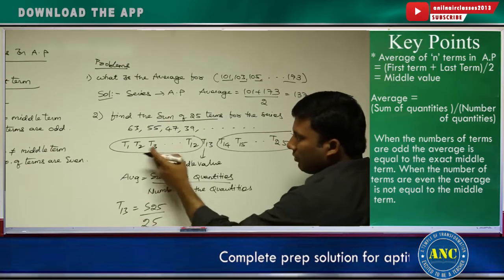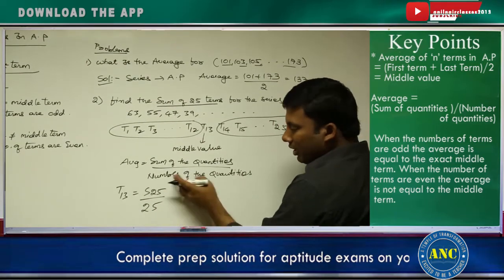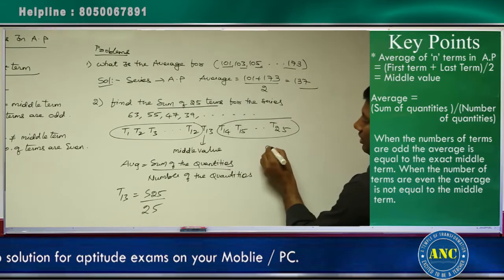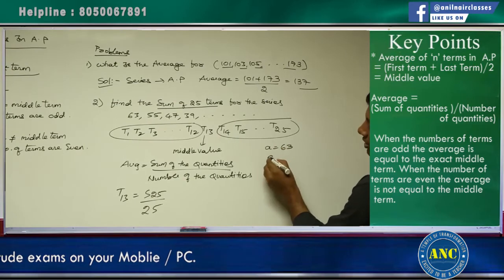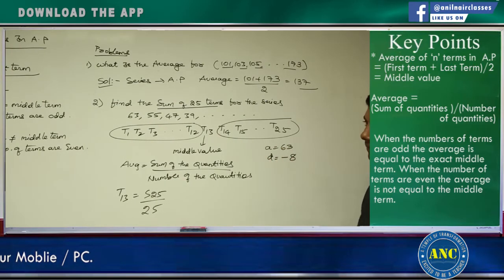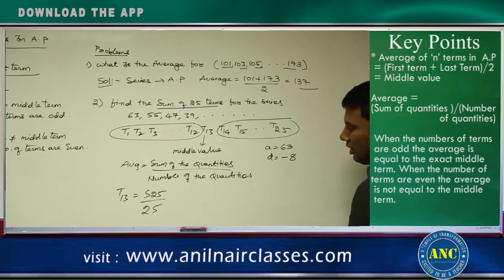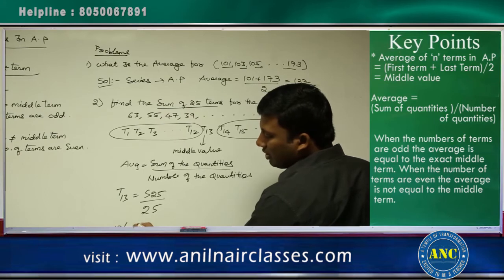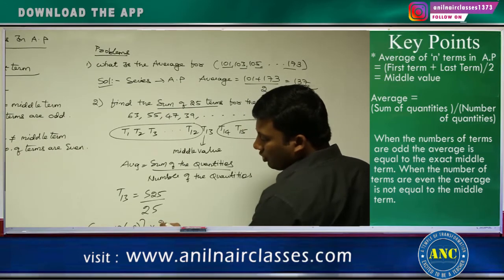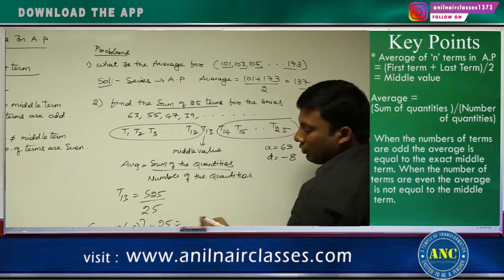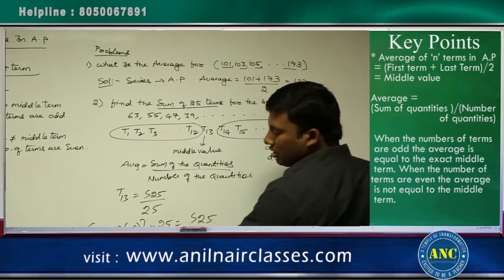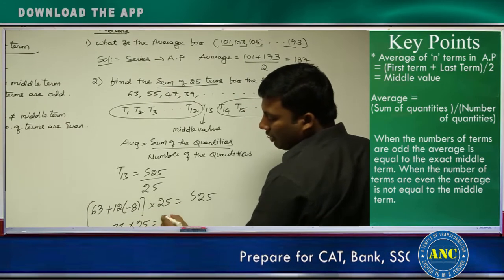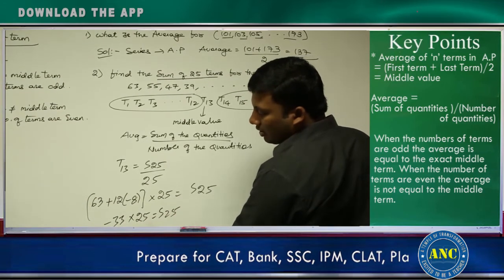What is the A value in this case? 63. What is the D value? Minus 8, that is 55 minus 63. So the answer will be 63 plus 12 into minus 8, equivalent to S25 by 25. 63 minus 96 is minus 33, into 25 gives S25 as minus 825.